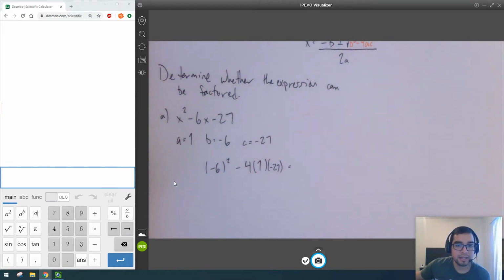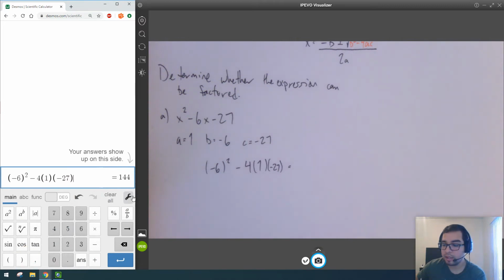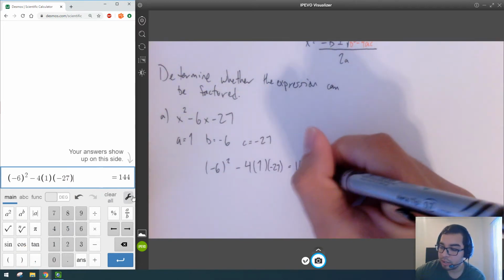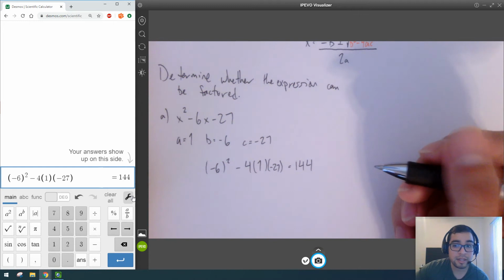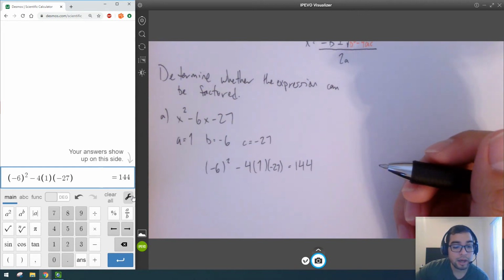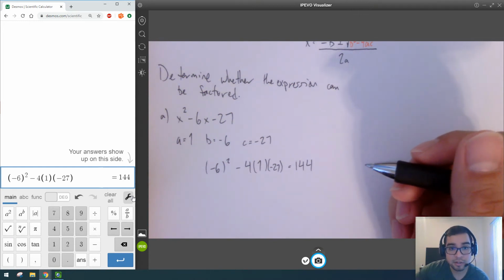I'm going to put parentheses here again. It is important that you put parentheses so that you don't end up with incorrect values. So that's (-6) squared minus 4 times 1 times -27. Take a look. This is equal to 144.